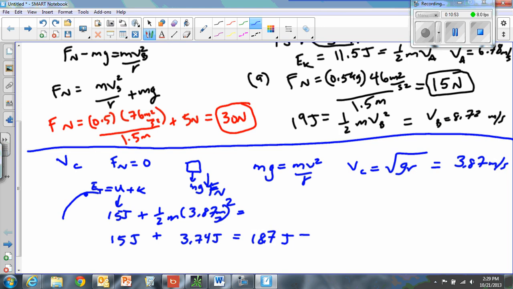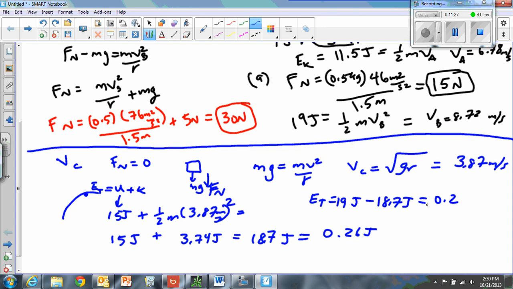Well, how much am I missing? I'm missing about 0.26 joules if I subtract from 19, because remember my total energy was 19, but I only have 18.7. I think I did my math wrong. Hold on a minute. 19 minus 18.7 is 0.3 actually.